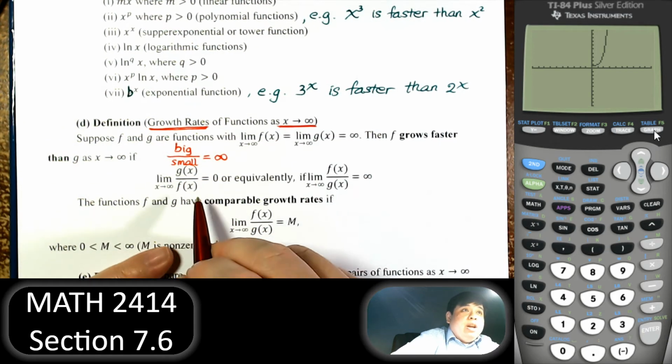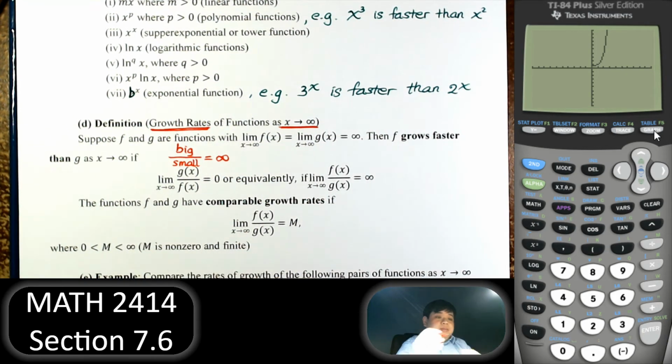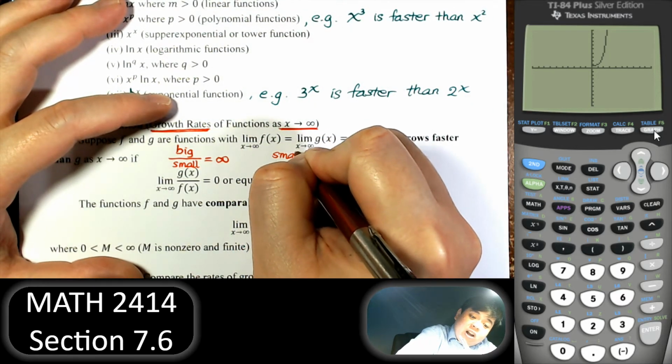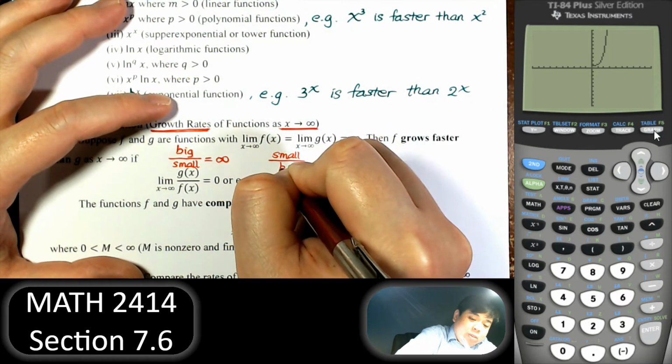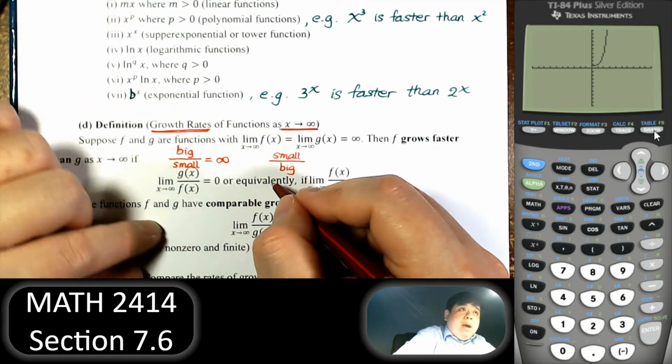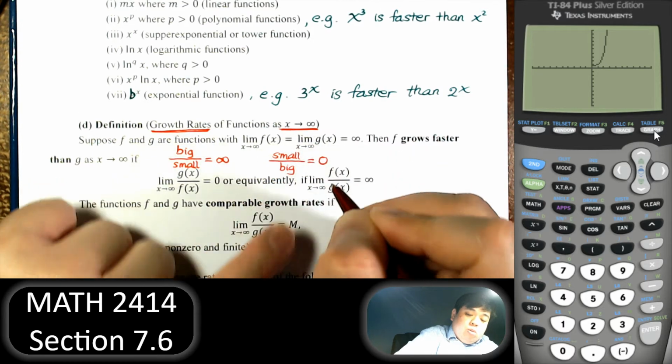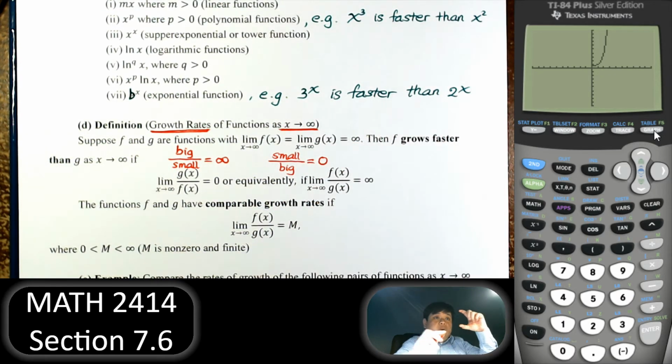So if we have infinity, the top has to be bigger. And if we have something small compared to something very big at the bottom, this will be equal to 0. So bottom line is, if the ratio equals infinity, the top has to be a lot bigger than the bottom. If it is equal to 0, the bottom has to be a lot bigger than the top.